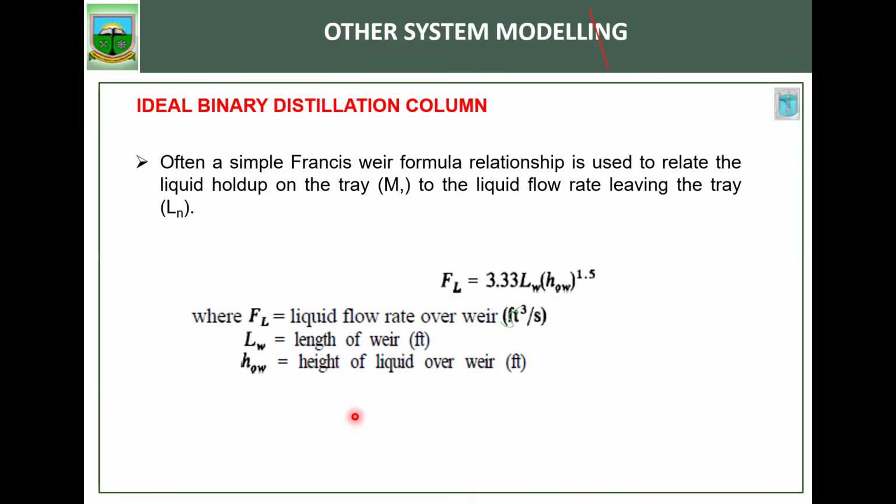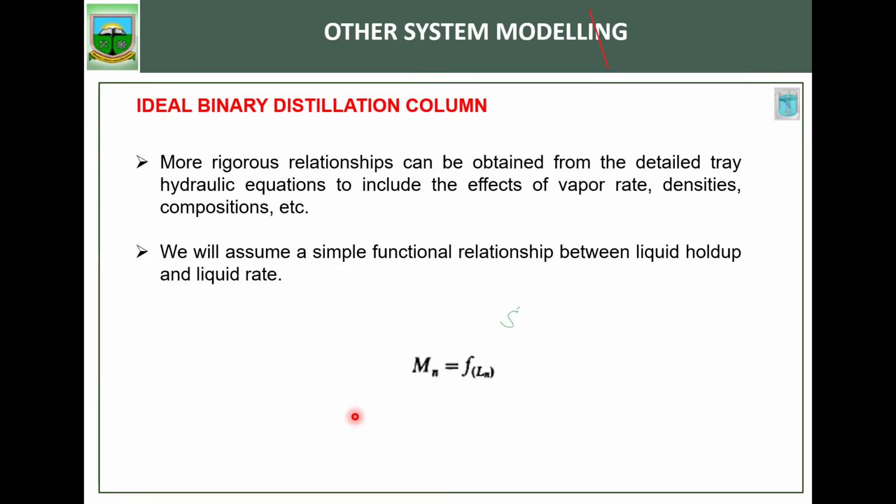This is the simple formula that can be used, and it has to do with the tray spacing. It means that the trays are well spaced. Then we also assume a simple relationship for liquid holdup and the liquid rate throughout the system.